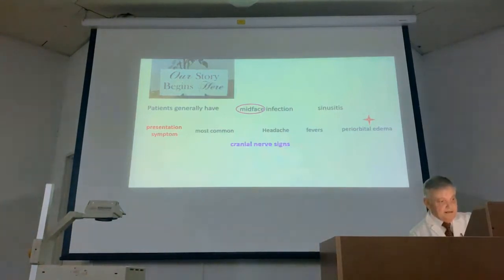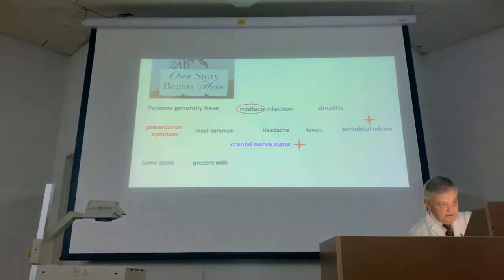Then cranial nerve signs. Why should we look for cranial nerve signs? Because several cranial nerves run in the wall of the cavernous sinus. We will see that in the future lectures. So that is very important.